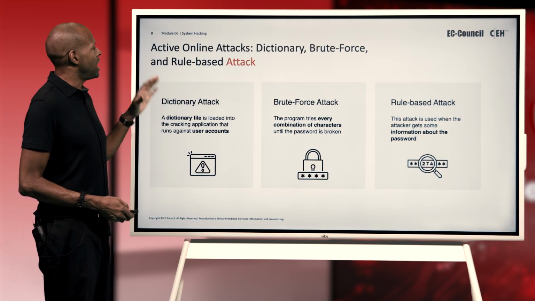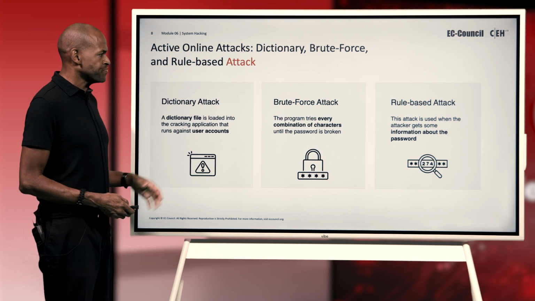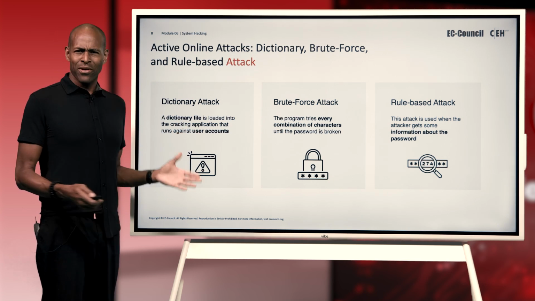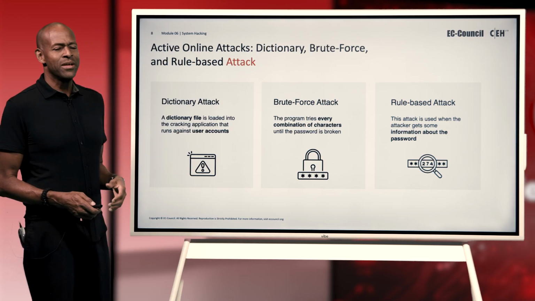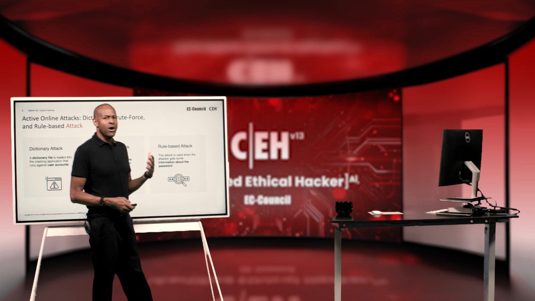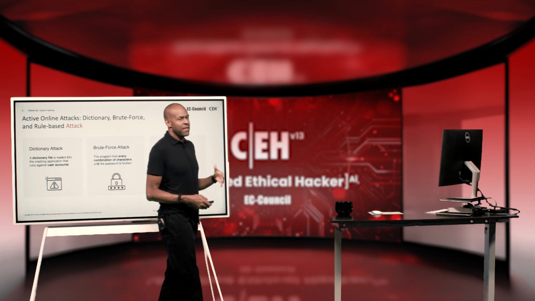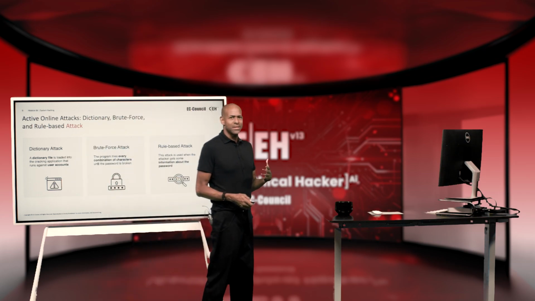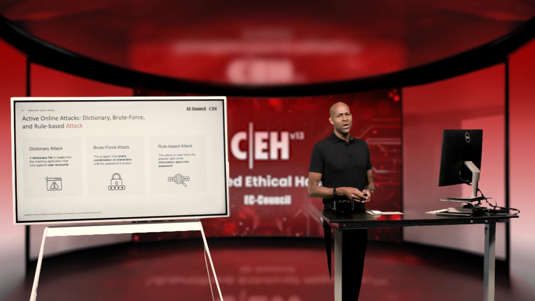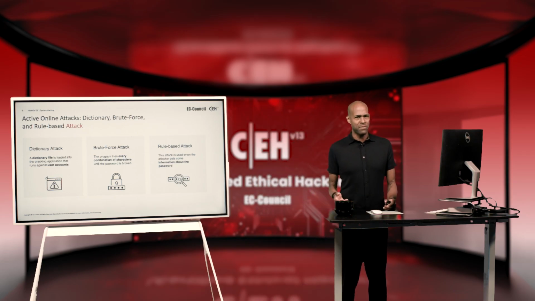So with an active online attack, we have the idea of a dictionary attack. Have you ever seen a password dictionary? So when you go online, you'll find that there are these dictionaries, and they can have millions, even tens of millions in some cases, of passwords. And we have passwords that have been cracked before.